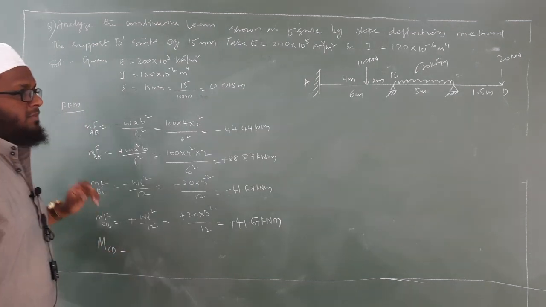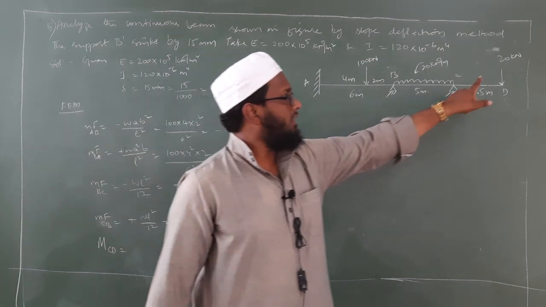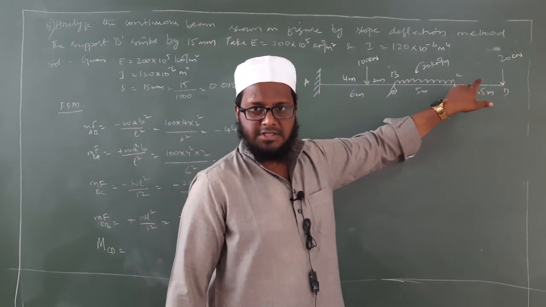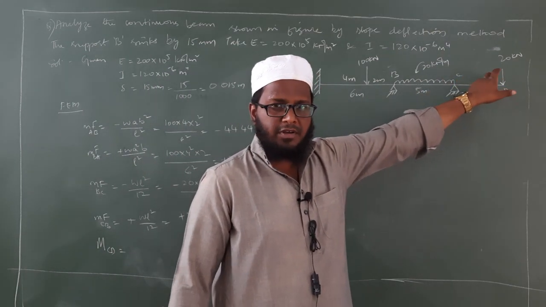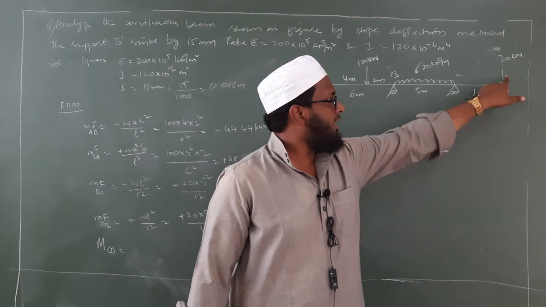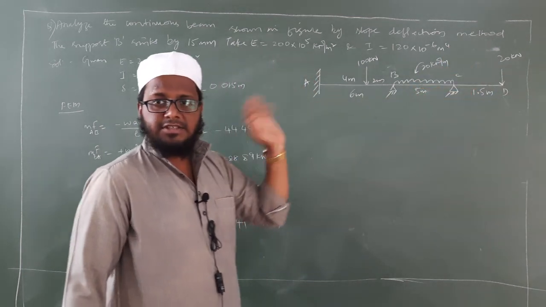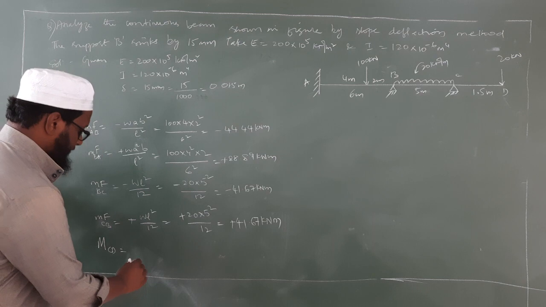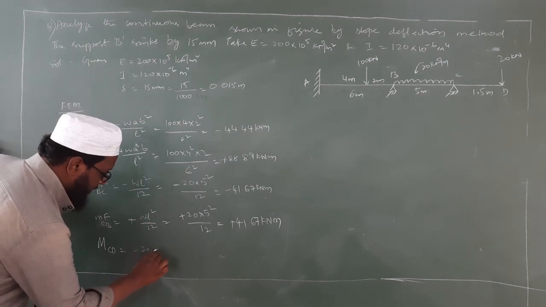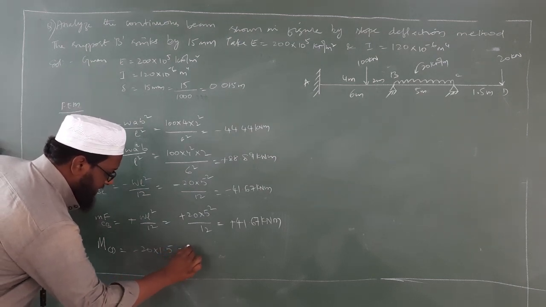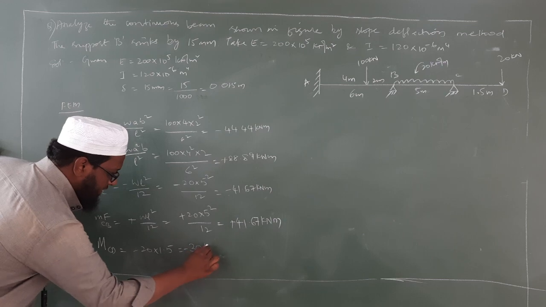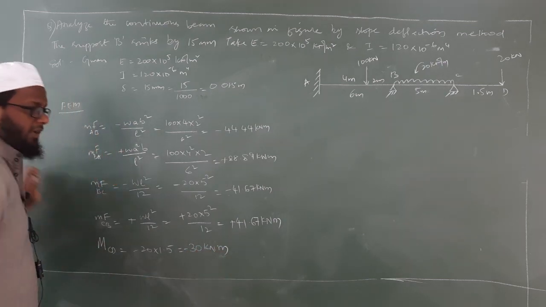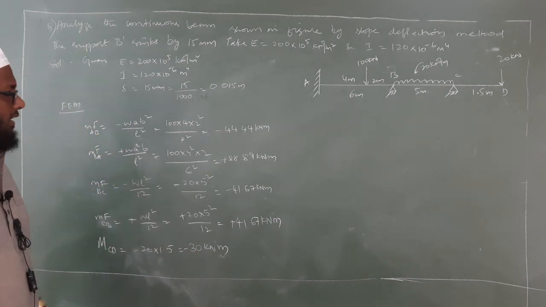What is the value of MCD now? Force into perpendicular distance. Bending moment is 20 into 1.5. It is going in clockwise direction, so minus 20 into 1.5, which is equal to minus 30 kilonewton meter. Okay. Copy down.